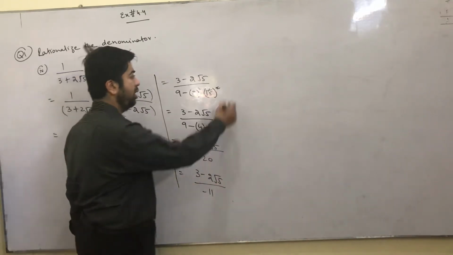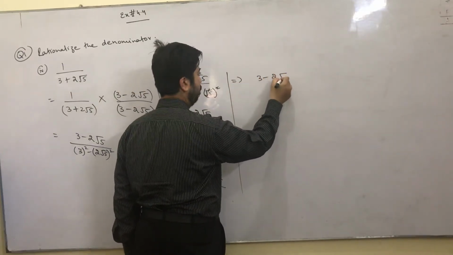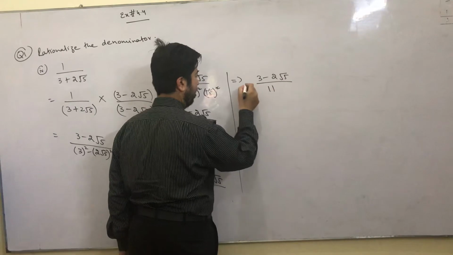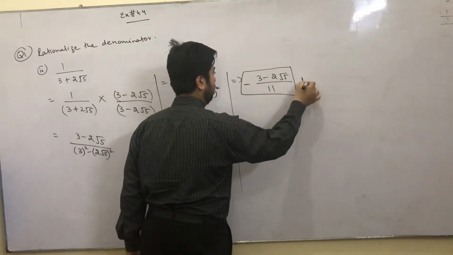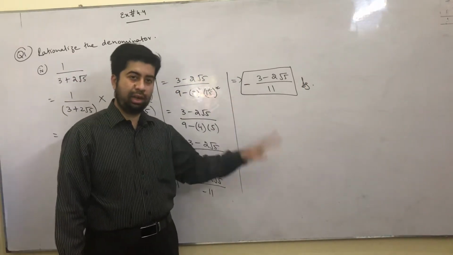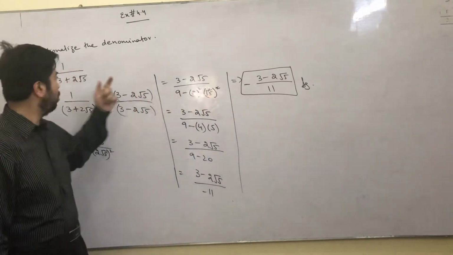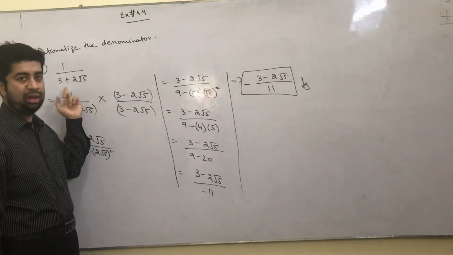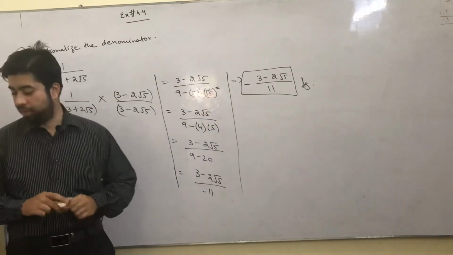You must write it in the center. 3 minus 2 square root 5 divided by 11, and minus is here. So this is the answer. You can see that there is no irrational number remaining in the denominator, but at the start of the question you can see that there was an irrational number. Now this is a rational number, 11 is a rational number.